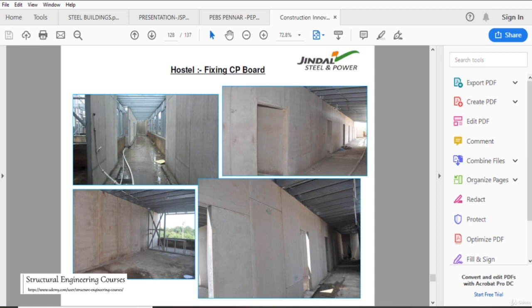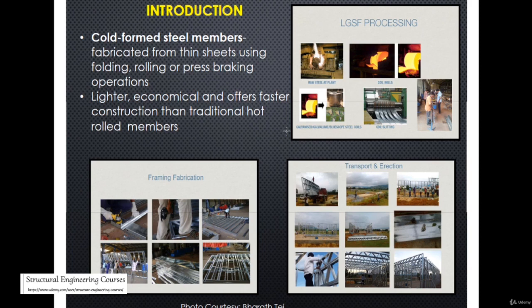In this lecture session, I want to give you a basic introduction to what cold rolled structural steel sections and cold rolled steel structures are and how they can be made. In the next lecture we shall learn how to design them in the STAAD software.